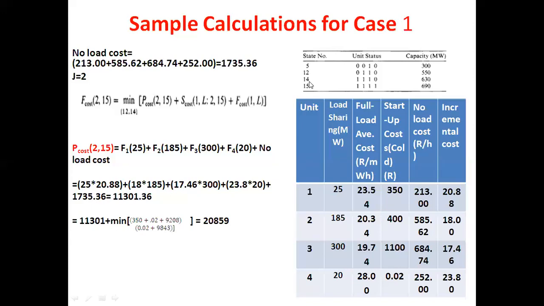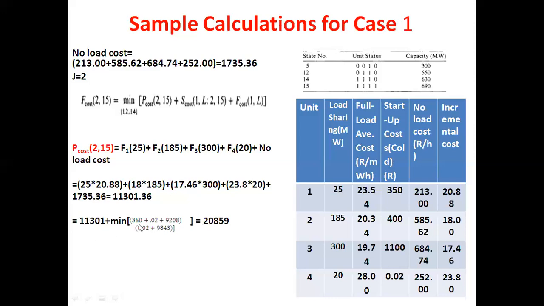When we are moving from 14 to 15, at 14 units 1, 2, 3 are on, and at 15 units 1, 2, 3, 4 are on. So when we are moving from state 14 to 15, we have to turn on unit 4. So unit 4 is 0.02, and this 9843 comes from the previous value of state 14, and this 9208 is coming from the previous value of state 12.